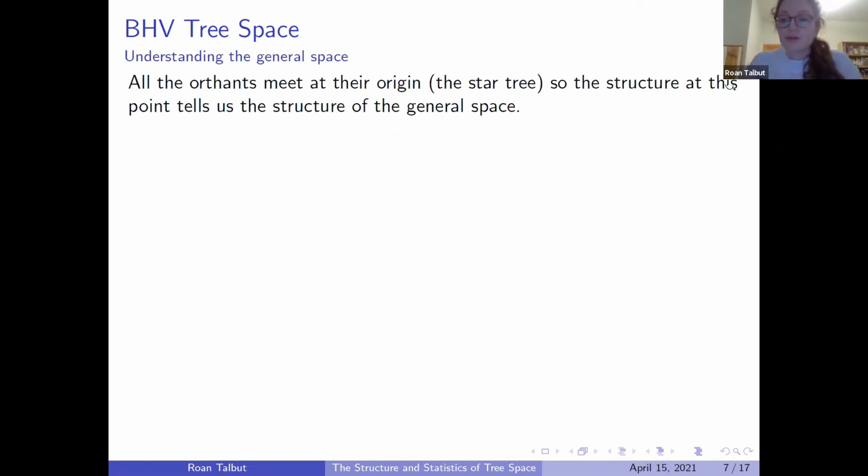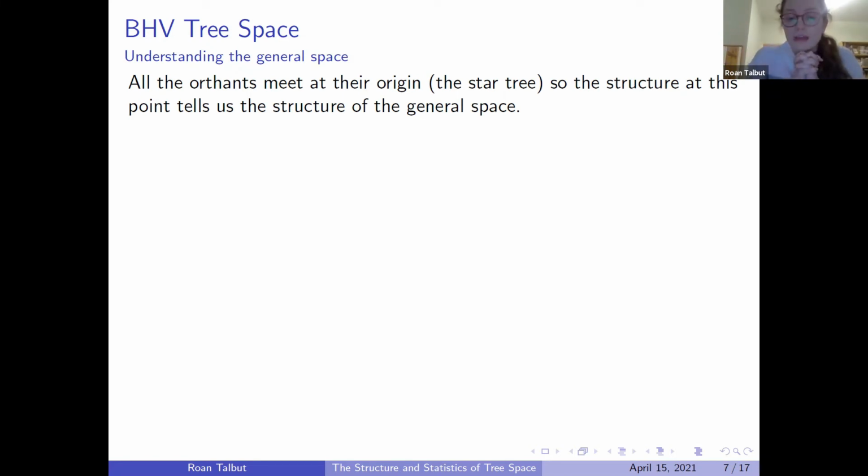So using this concept of simplicial complexes to describe our space, we do this by considering the structure at our origin. Because all of these orthants have the same origin, it's the star tree, which is basically when everything splits from the root at the same place.